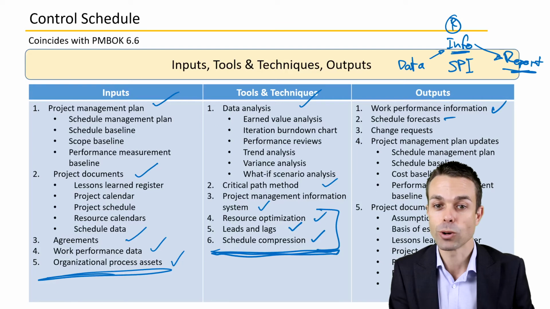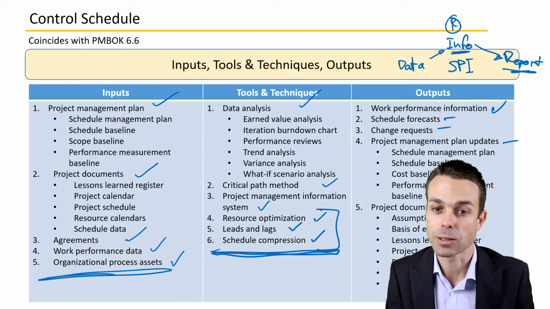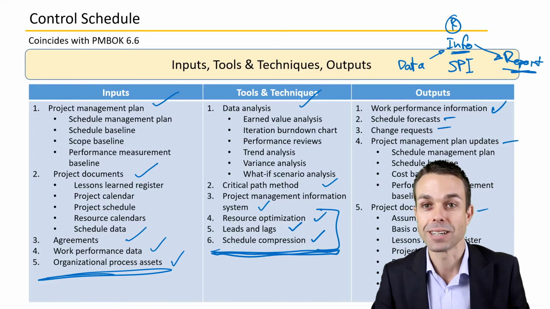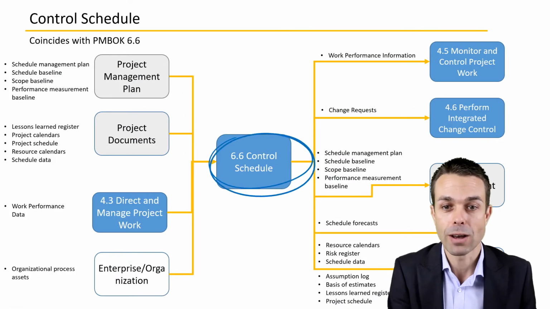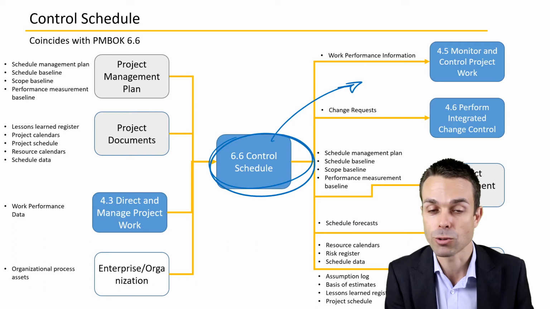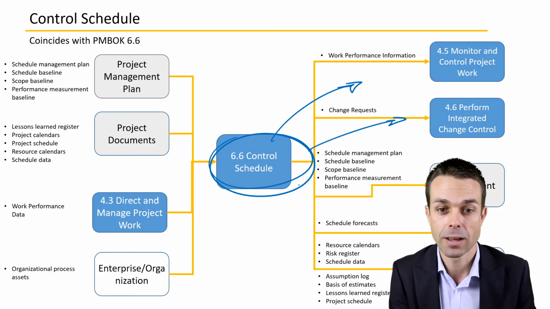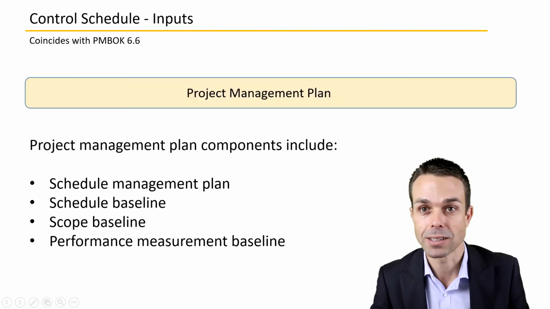We'll see schedule forecasts, change requests, project management plan updates, and project documents updates. And of course, controlling the schedule will have an input into monitoring and controlling project work, performing integrated change control with change requests, any project management plan updates, and our project documents updates as well.